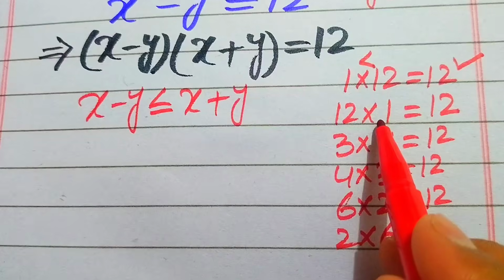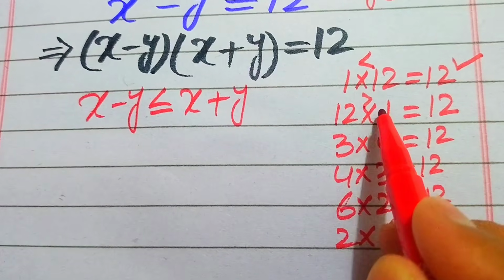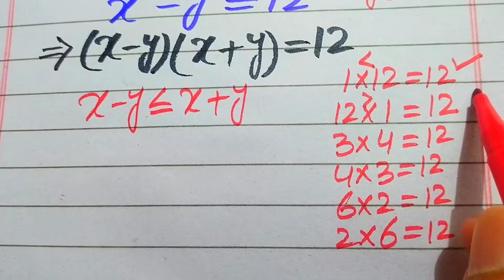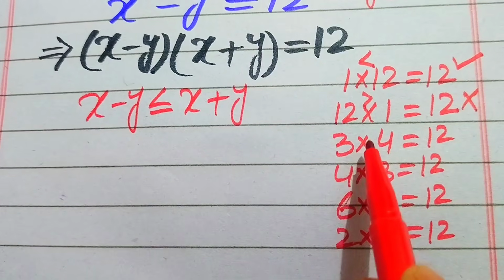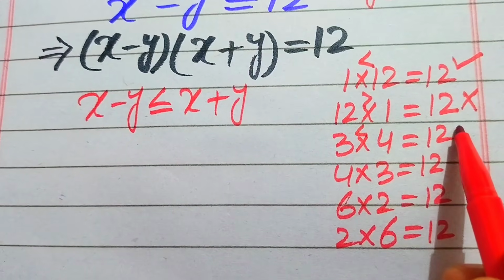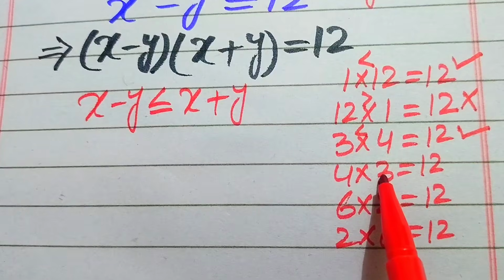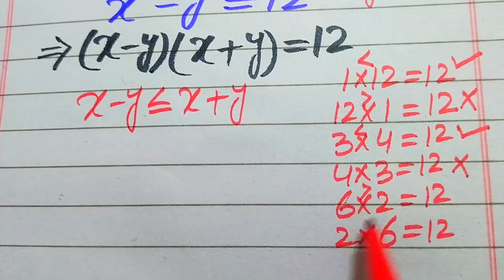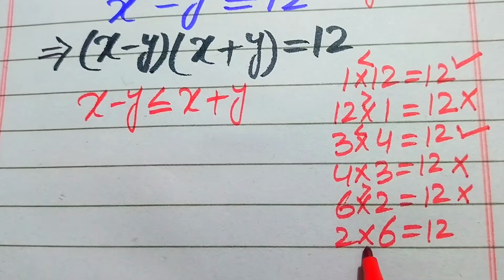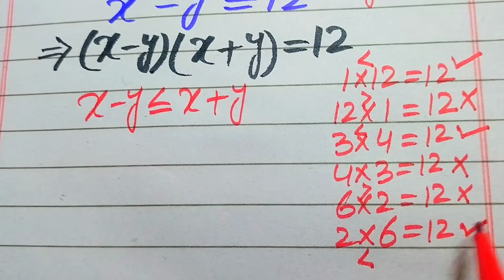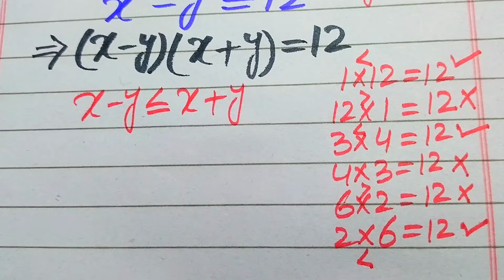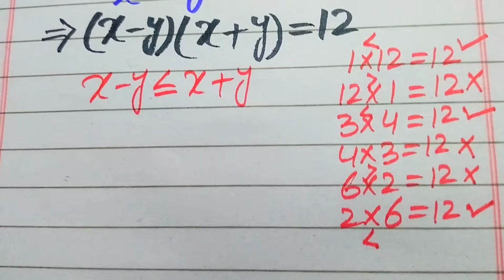Or if you see 12 and 1, 12 is greater than 1, or the first number is greater than the second number, so we reject this case. Similarly, in this case 3 is less than 4, we accept this case. 4 is greater than 3, we reject this case. And 6 is greater than 2, we reject this case. And 2 is less than 6, we accept this case. So from these 6 cases, we get 3 possible cases which we can proceed with.